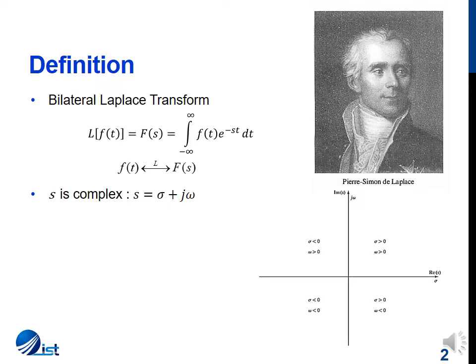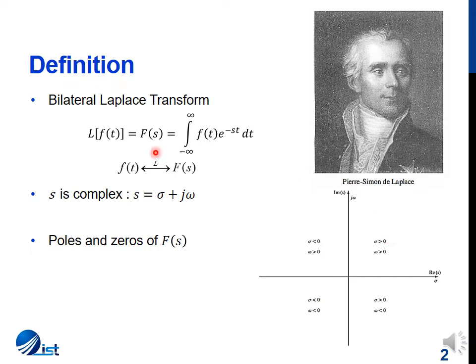The real part of s is plotted along the x-axis, and the imaginary part of s is plotted along the j omega axis. And just like all two-axis planes, we'll be having four quadrants where sigma and omega will be positive in some quadrants and negative in some other quadrants.